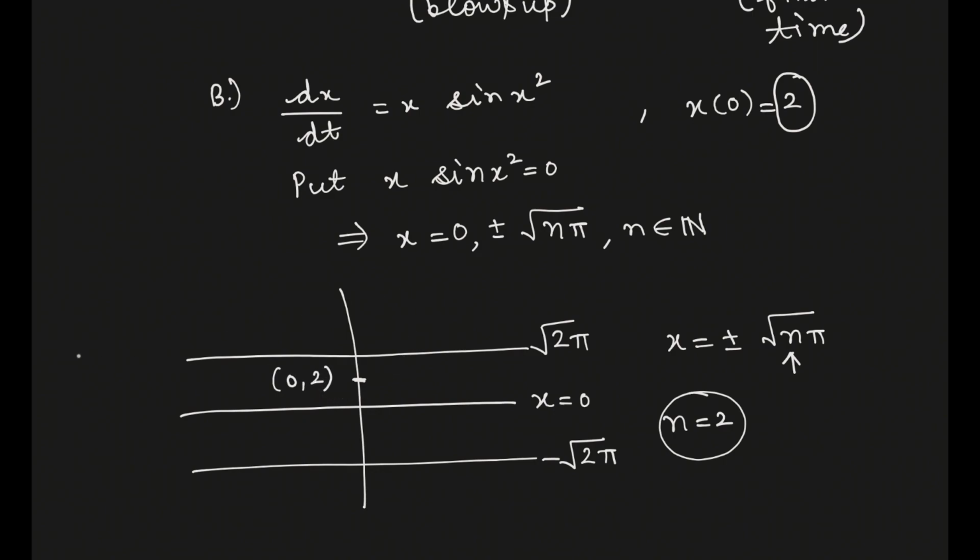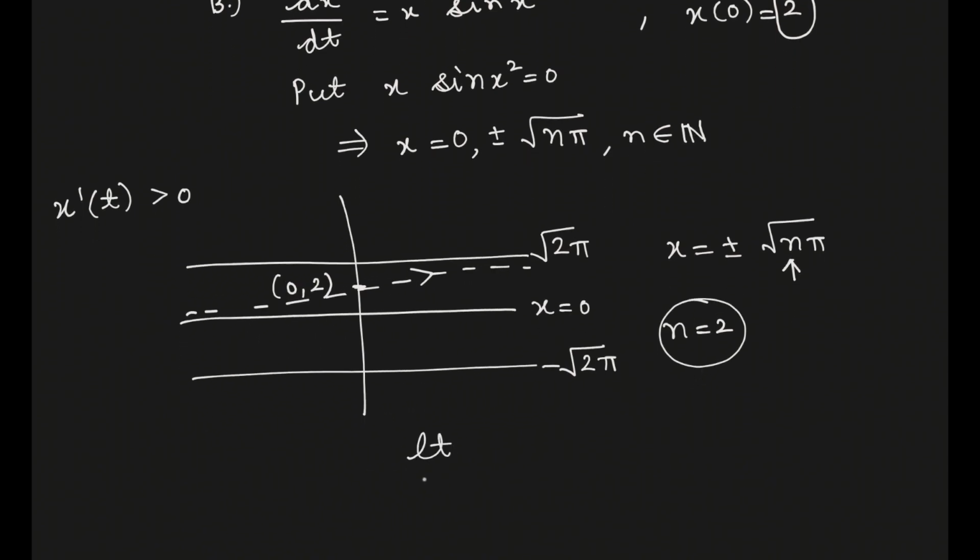Here x'(t) is greater than 0 if I put x as 2. So it is approaching this root 2 pi. The limit as t tends to infinity of x(t) is equal to root 2 pi.